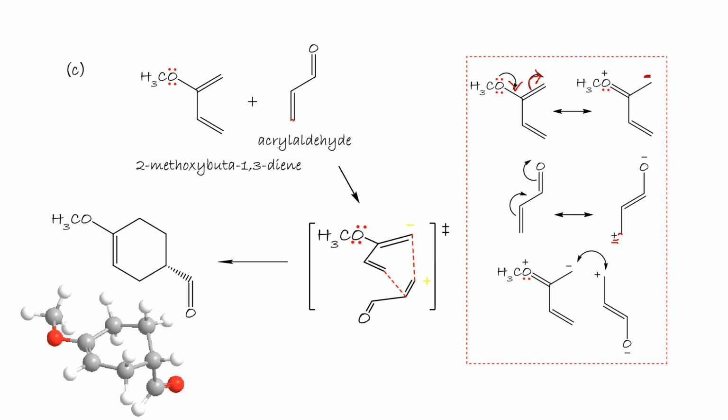So this side will be with a negative, the electron rich side, and the transition state. This is endo, this will be down. This methoxy group on sp2 carbon, there is no up and down, and that's it. Okay.